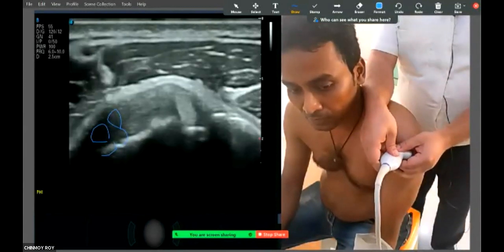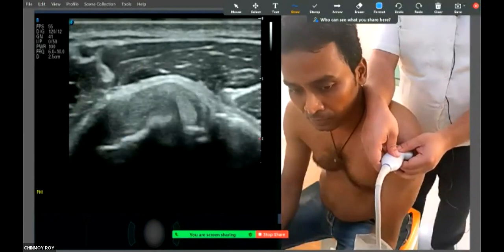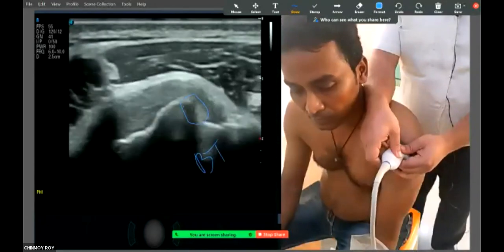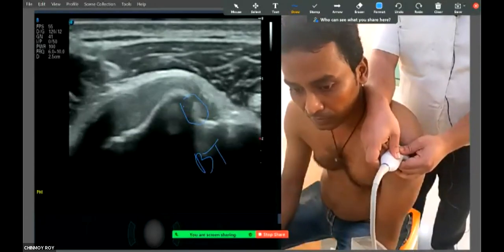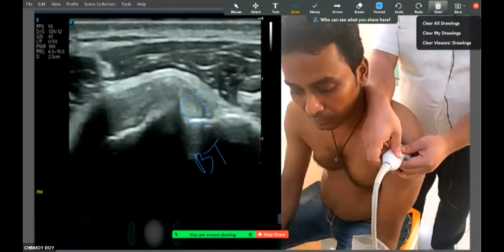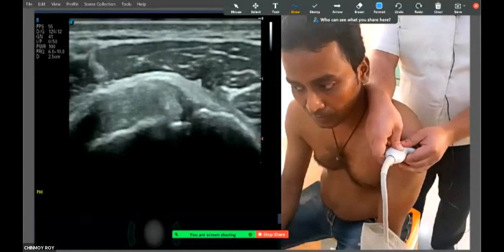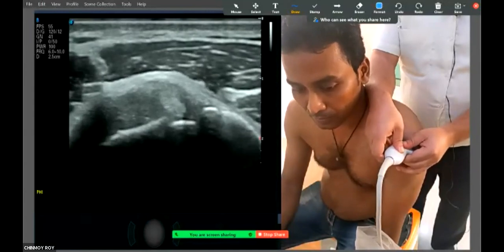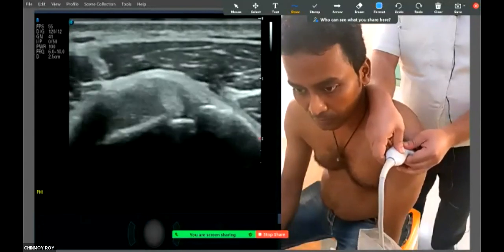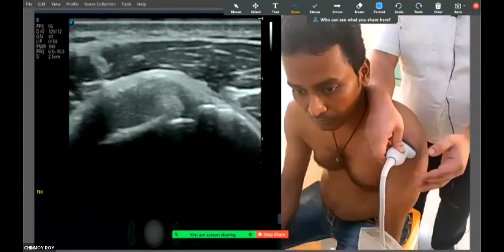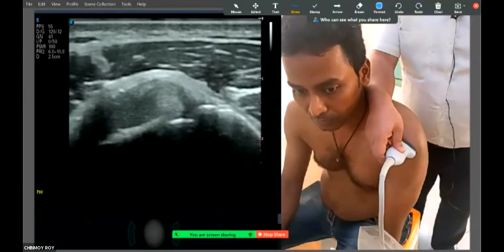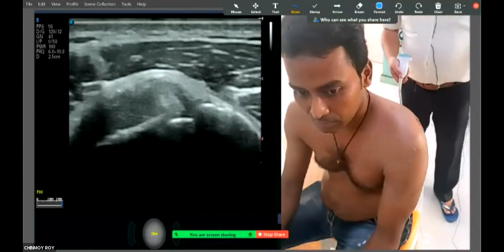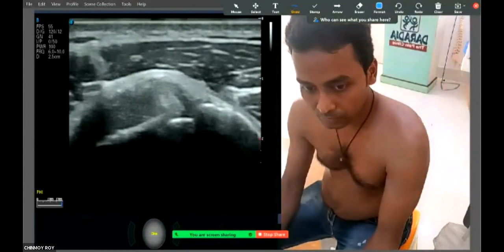Wait. The rotator cuff interval is shown like this. Look at this black area.